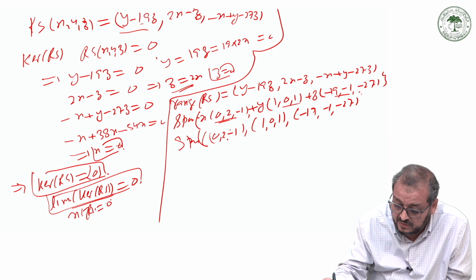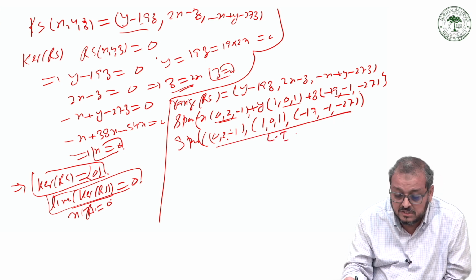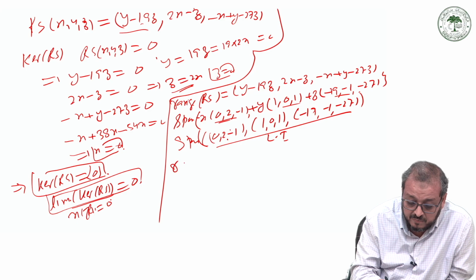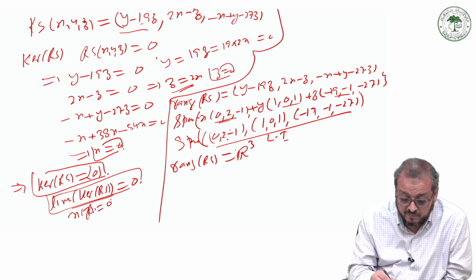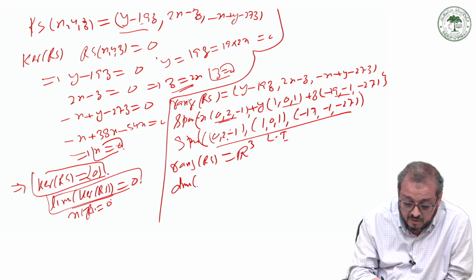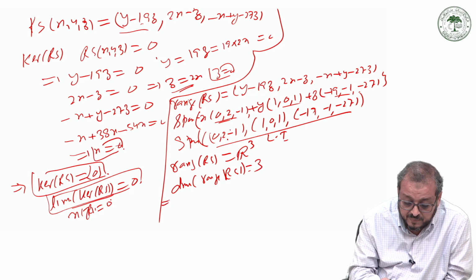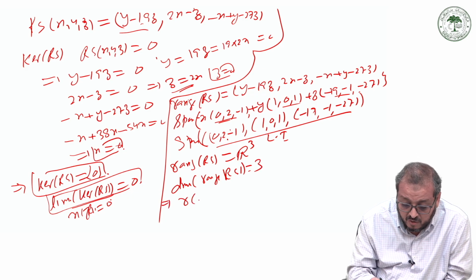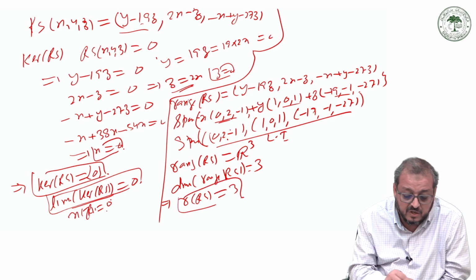These three vectors are linearly independent, which means the range of RS is equal to the complete R3. So the dimension of the range of RS is 3, which implies the rank of RS is equal to 3. So rank is equal to 3, nullity is equal to 0.